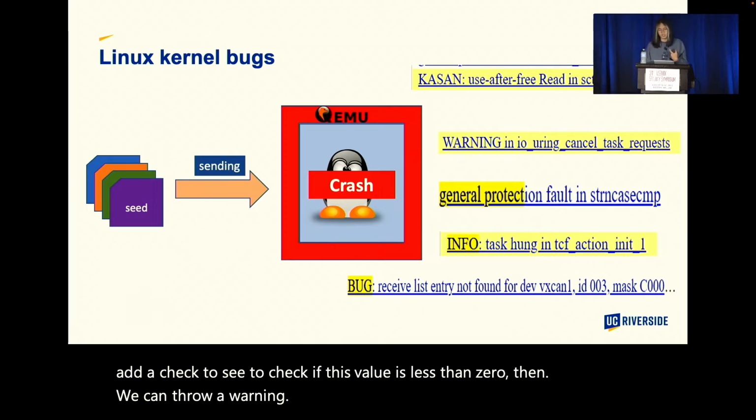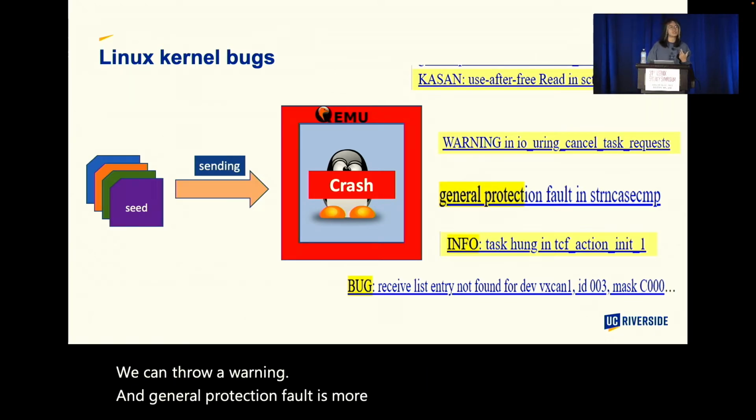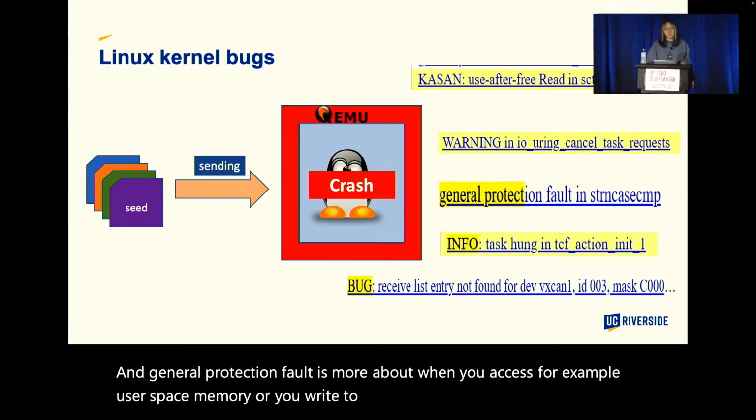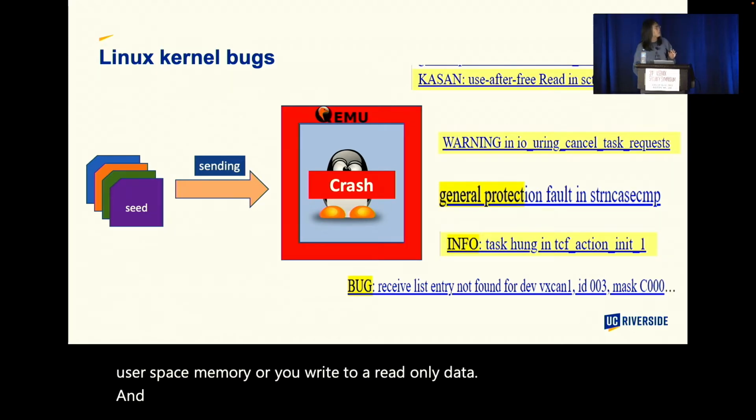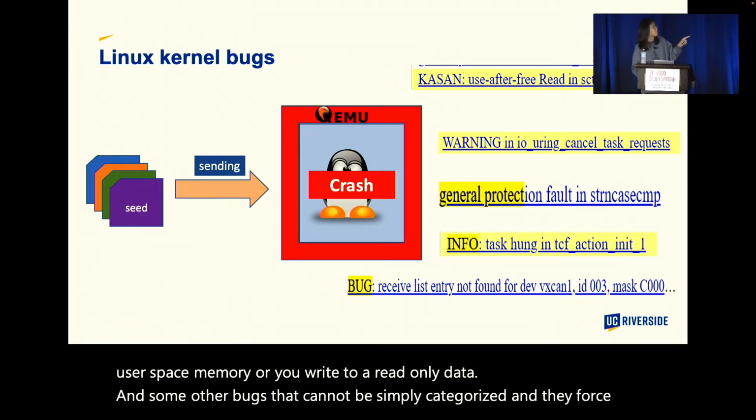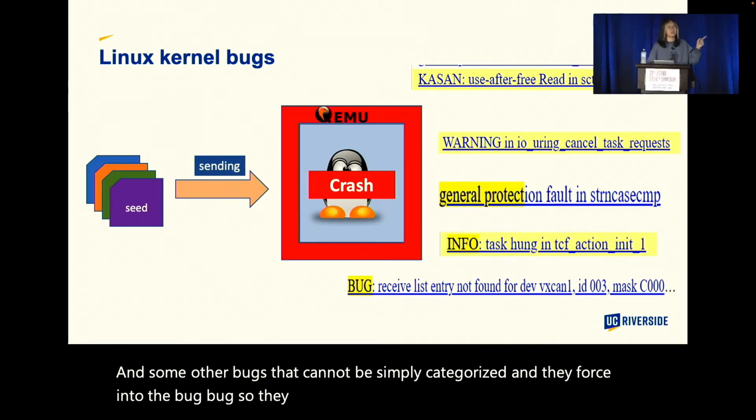General protection fault is more about when you access, for example, user space memory, or you write to read-only data. And some other bugs that cannot be simply categorized fall into the bug category.